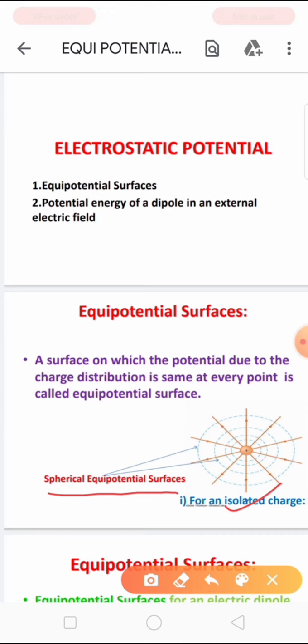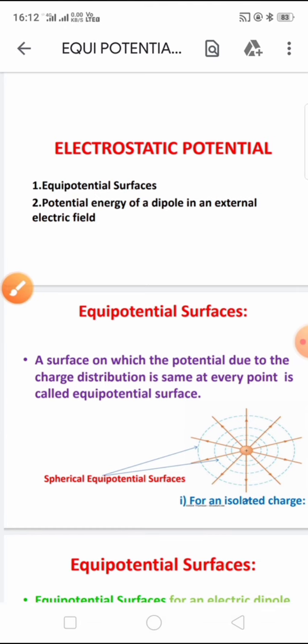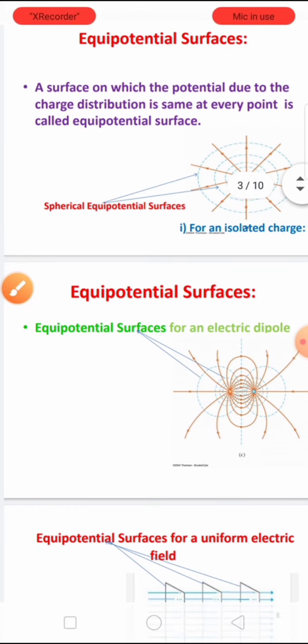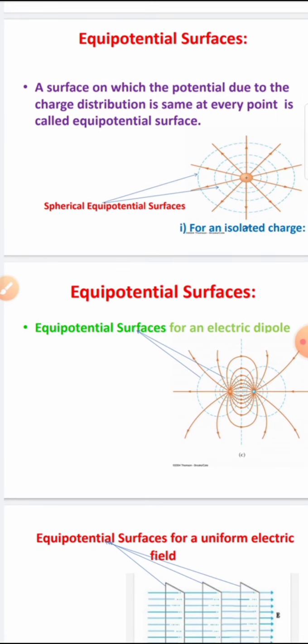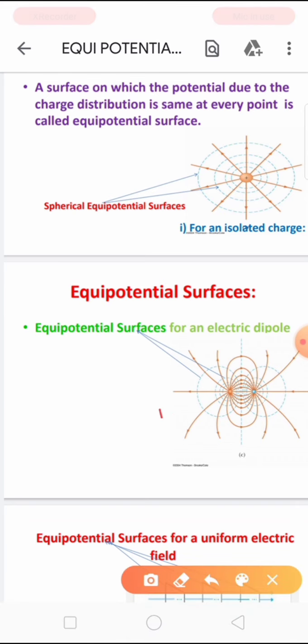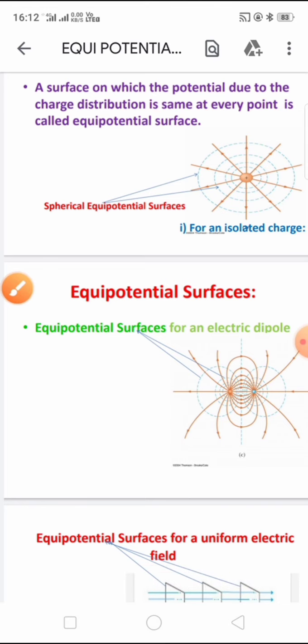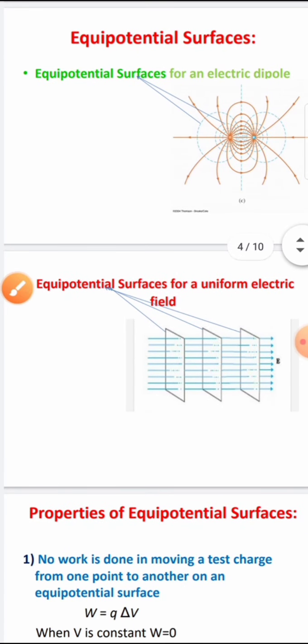Let's see what type of equipotential surface we get due to an electric field. Again here, these blue colored surfaces represent equipotential surfaces and the brown lines are electric field lines. In this case, the electric field lines are parallel lines, meaning uniform electric field.